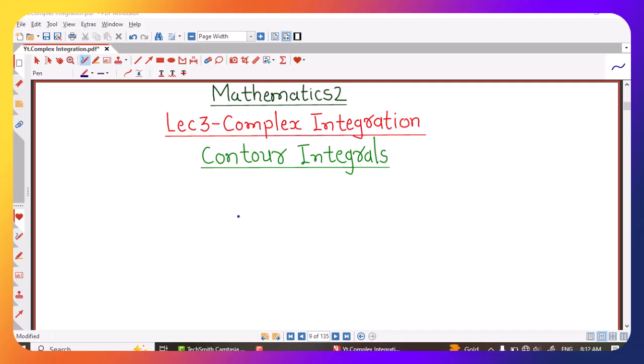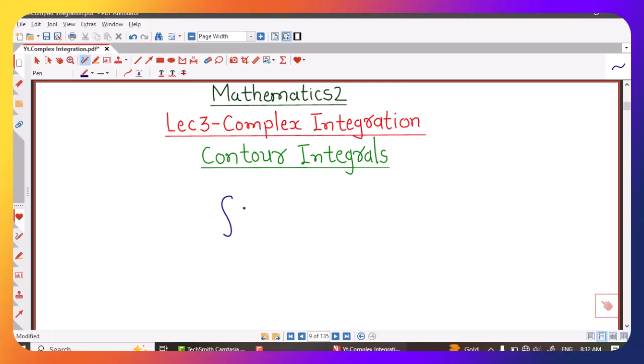In previous lecture we have discussed how we can evaluate complex line integral, also known as contour integrals. As we have discussed, suppose we are given to evaluate some contour integral or complex integration of some complex function f of z along contour C, then we convert everything in this integral into a single variable, say z equal to z of t.